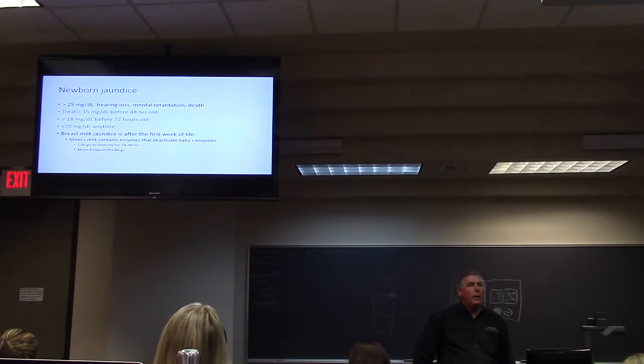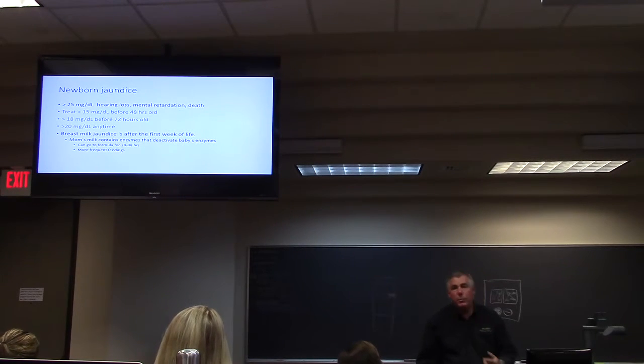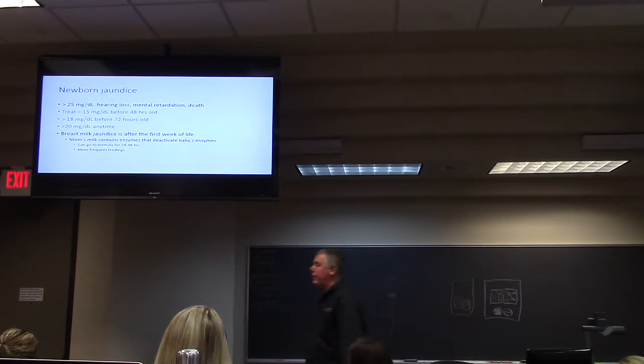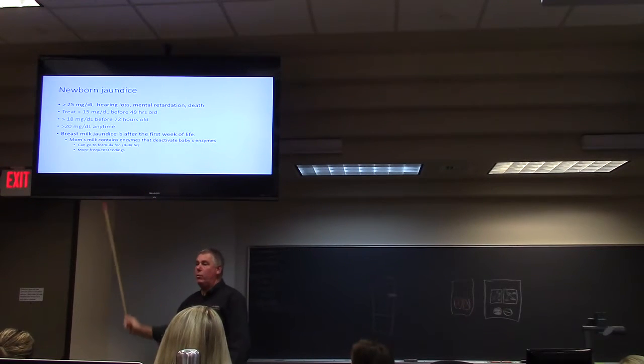You want to pay attention to this. You usually don't screen for bilirubin, but if you notice jaundice, usually before they go home, within 48 or 72 hours, you're going to get a bilirubin level.